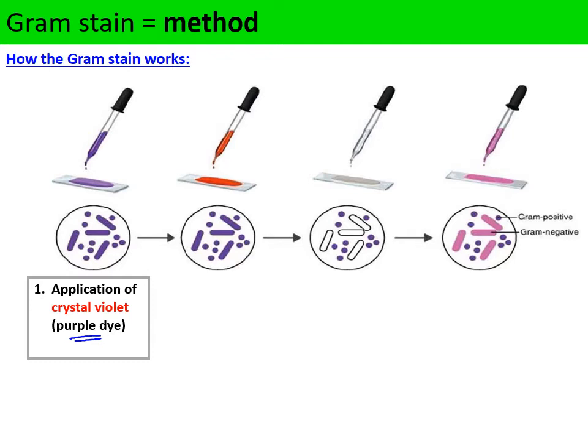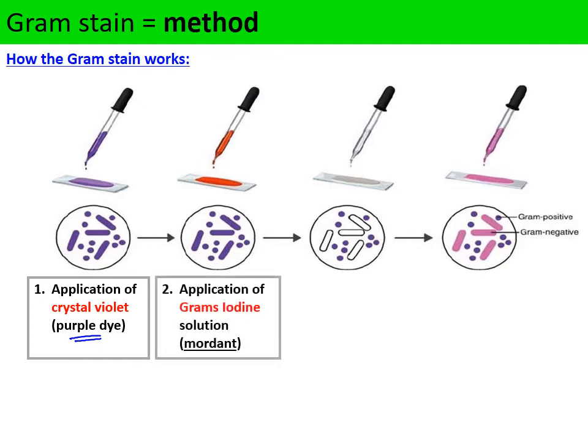Now, the second step, once we've actually washed off any kind of loosely bound crystal violet with distilled water, is to add the second solution, which is called Gram's iodine. And what this Gram's iodine does is actually it sticks the crystal violet to the thick peptidoglycan cell wall of gram-positive bacteria. So it acts somewhat like a glue, and we actually call it a mordant.